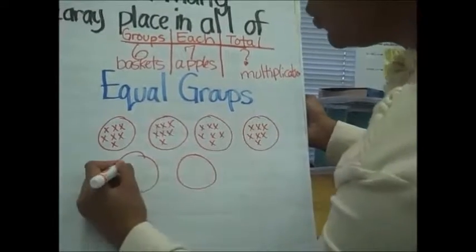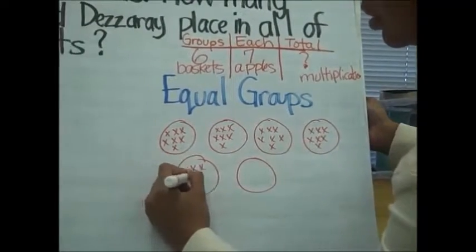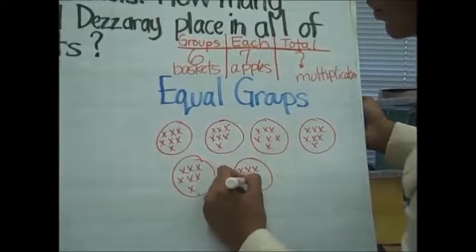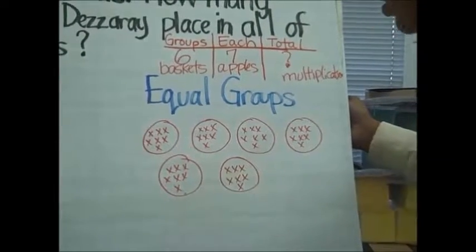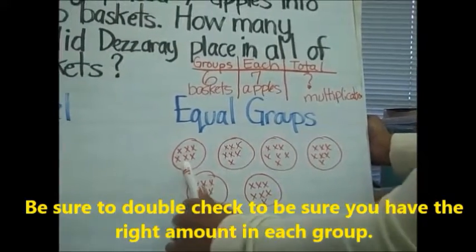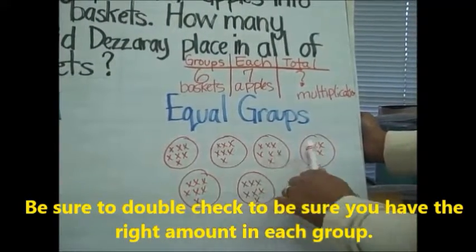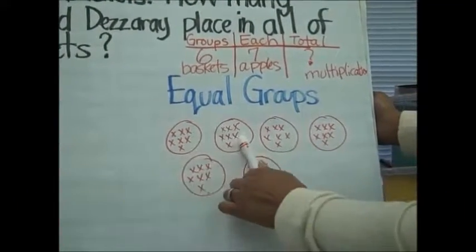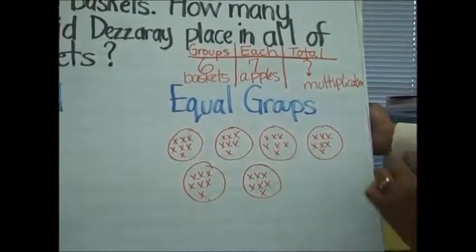And I have 2 more groups that I will display. Then I go back and double check and make sure that I have 1, 2, 3, 4, 5, 6 groups with 7 in each. So I see 7, 7, 7, 7, 7, and 7.